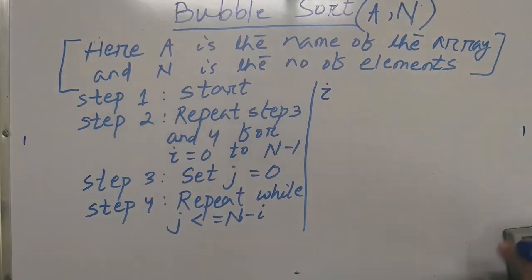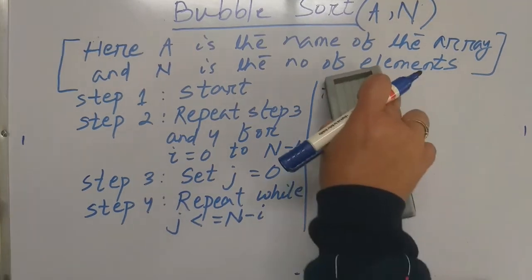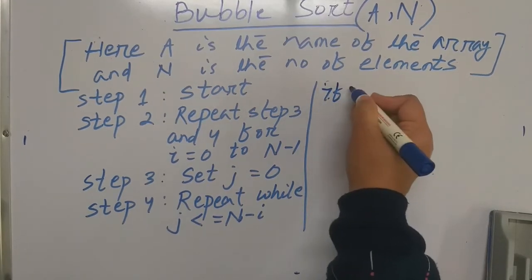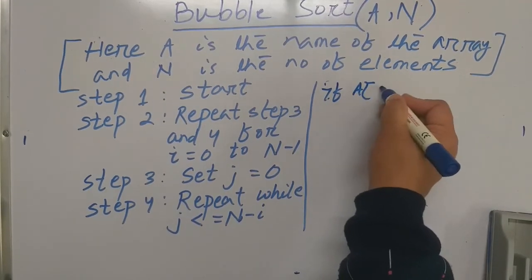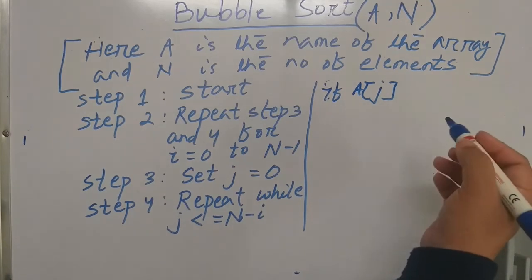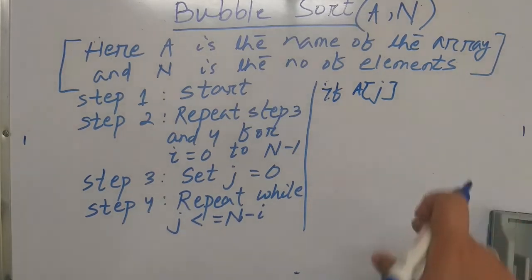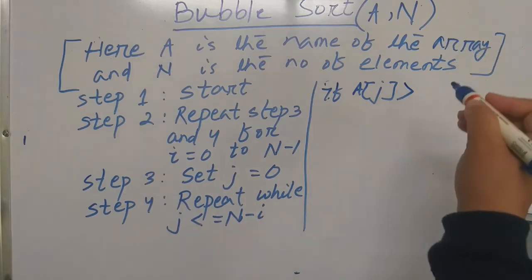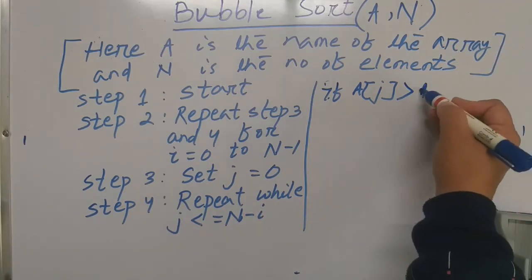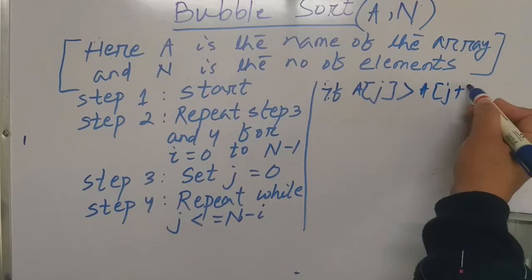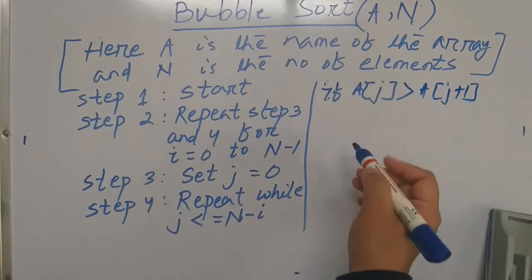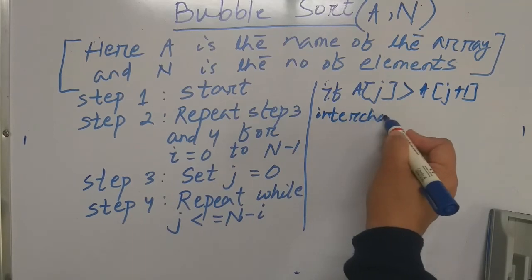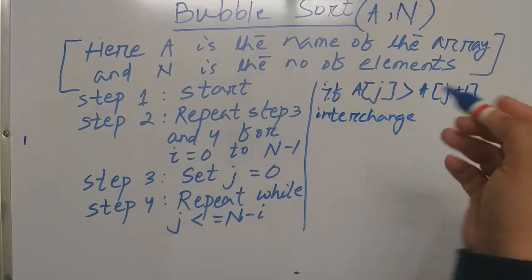Next I write down here: if aj is greater than aj plus 1, interchange. Interchange means swap the two elements.